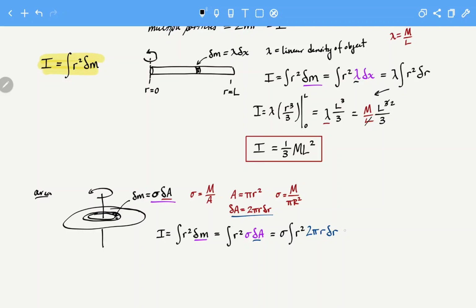Cool, finally, it took forever. I'm going to pull out all my constants. 2 pi is a constant, so I've got 2 pi times sigma integral r squared times r, which becomes r cubed dr.